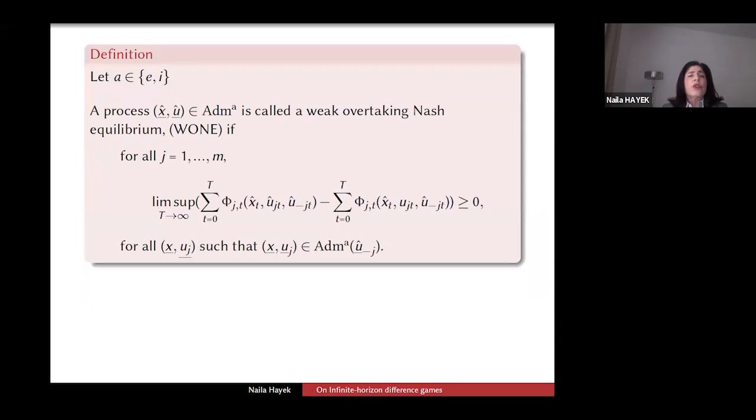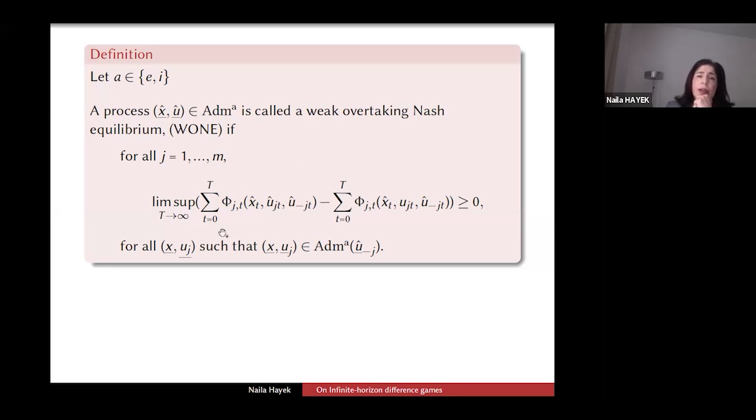A second notion will be the weak overtaking Nash equilibrium. So a process given A in E or I, an admissible process x hat, u hat, will be called a weak overtaking Nash equilibrium if for all j going from 1 to m, the lim sup of the difference of the finite sums is greater or equal to 0.